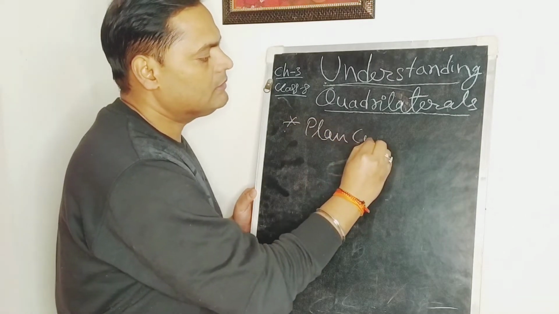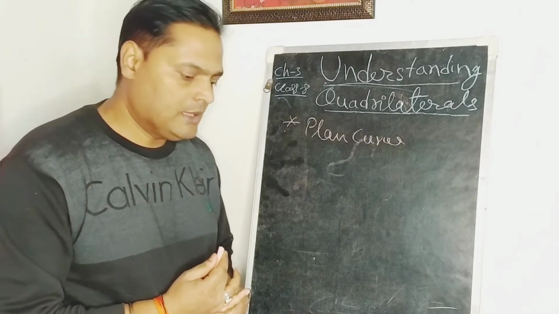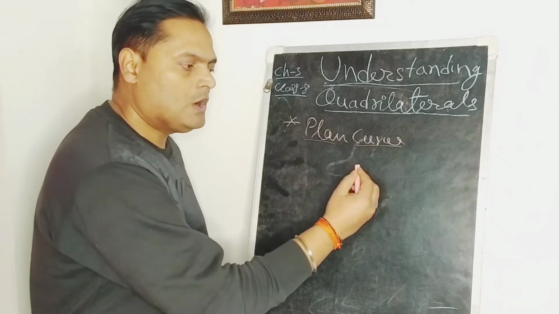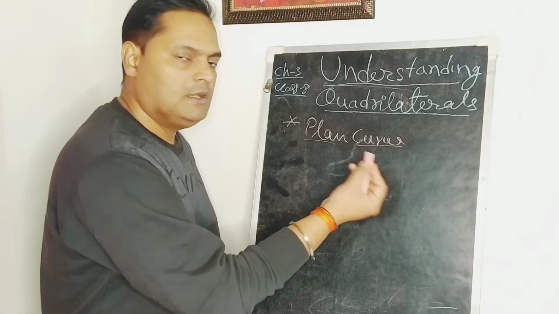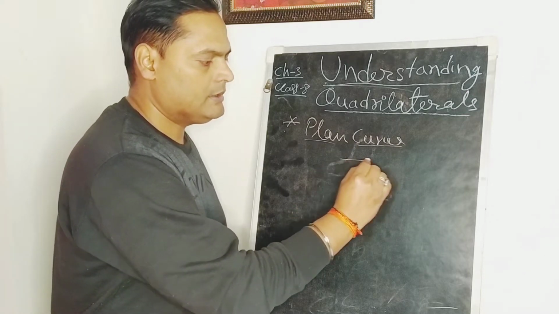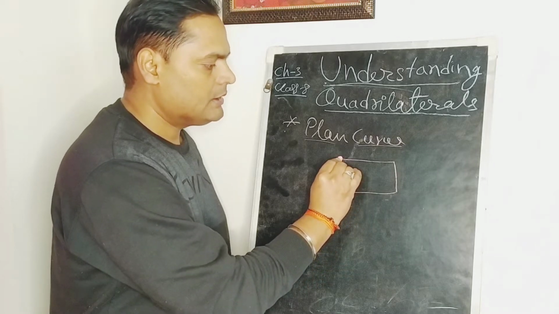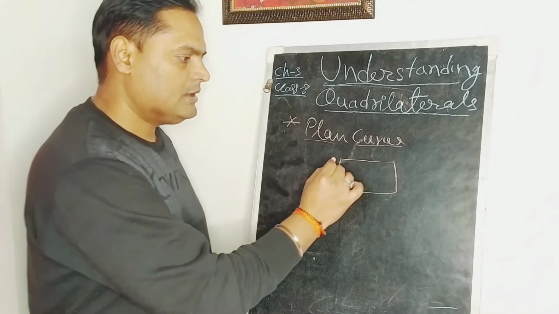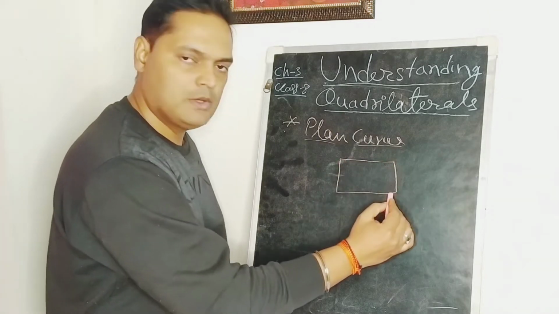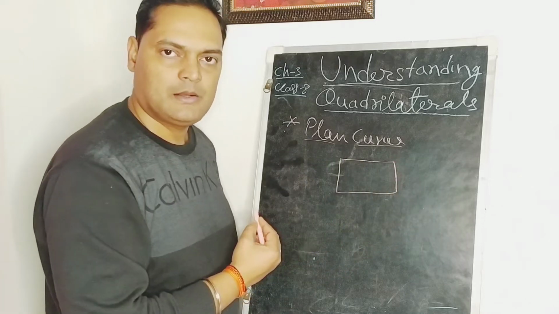What is a plane curve? Anything which is drawn without lifting your pencil from the paper, like this, and this. I have not lifted my pen or the chalk from this board, and I have drawn a diagram.